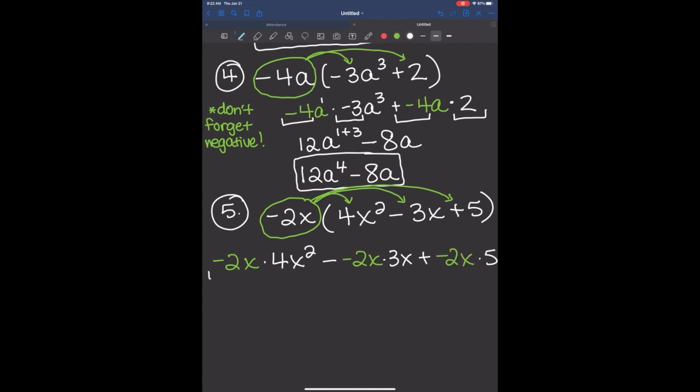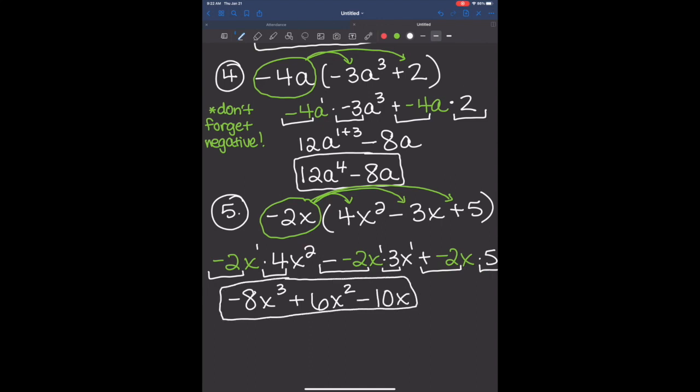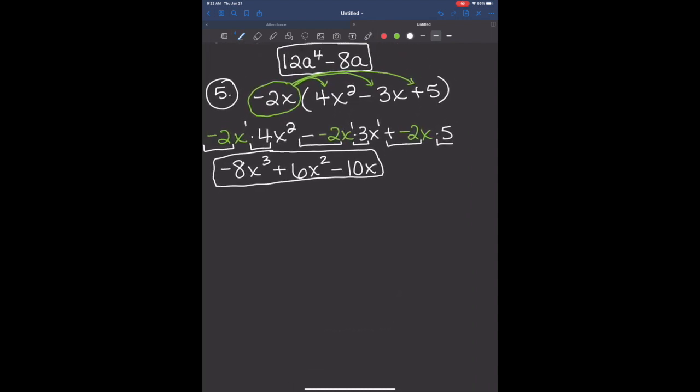So when we multiply the negative 2 and the 4, that gives us negative 8, and then we add the exponents to get x cubed. Plus, and then we have double negatives, so that's positive 6x squared, and then we have negative 2 times positive 5 with an x, so that's negative 10x.